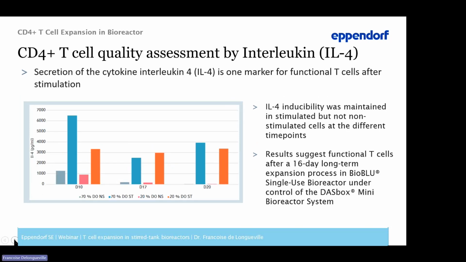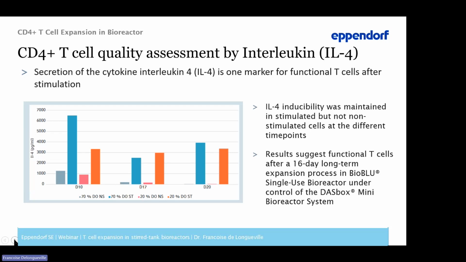At the end, it is crucial to evaluate the functionality of the CD4 T cells. We did that by measuring the production of interleukin 4. This is the signature cytokine which is involved in several immunological responses.